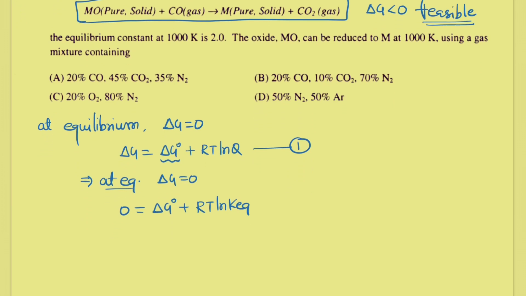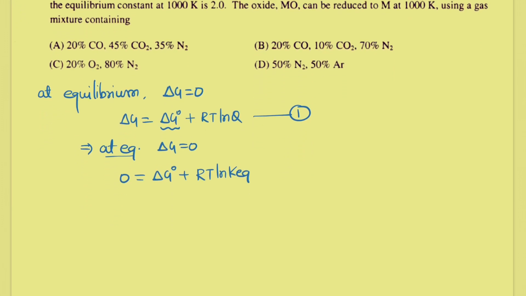So let's proceed. Now, delta G naught will be equal to minus RT ln K equilibrium. So I will just put in the values. You can write it like this also: minus 2.303 RT log K equilibrium, where the base is 10, earlier the base was e.